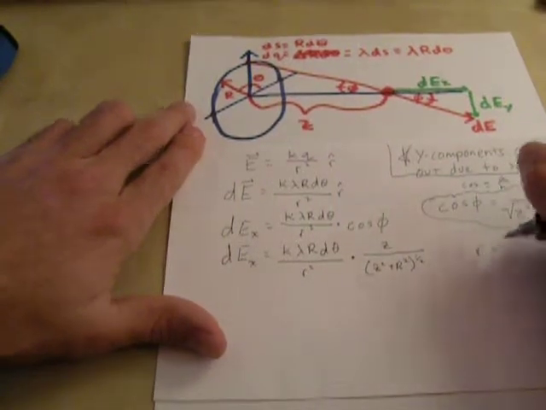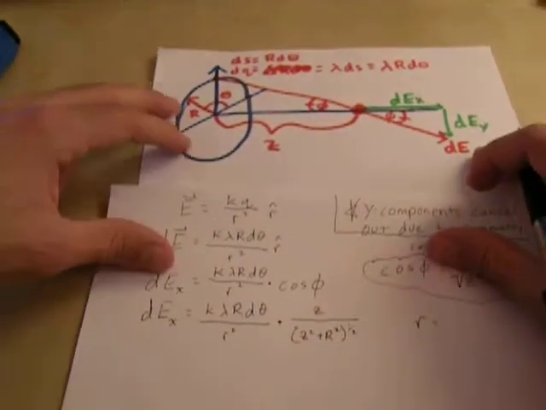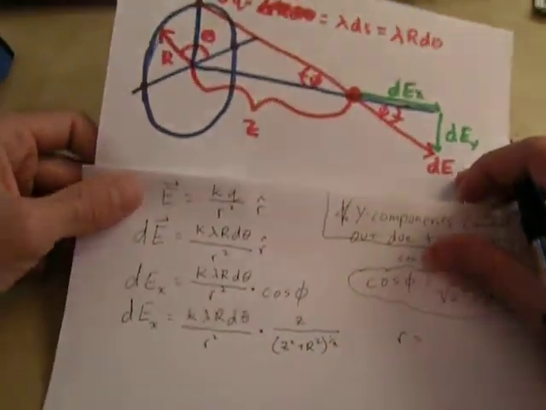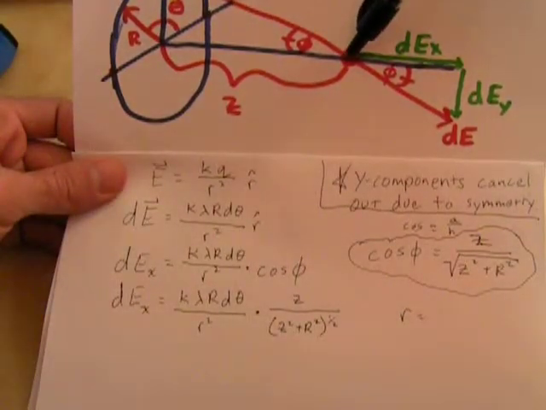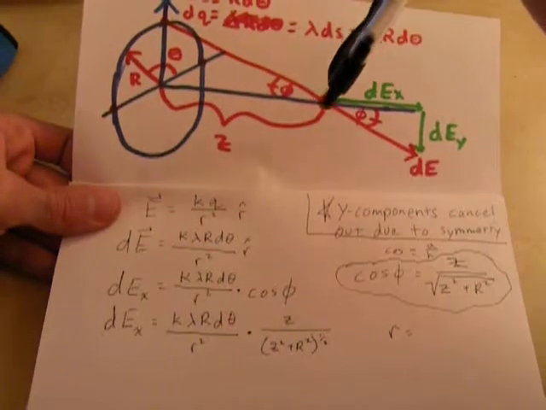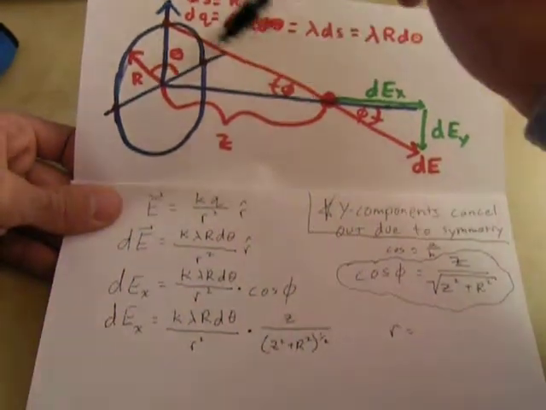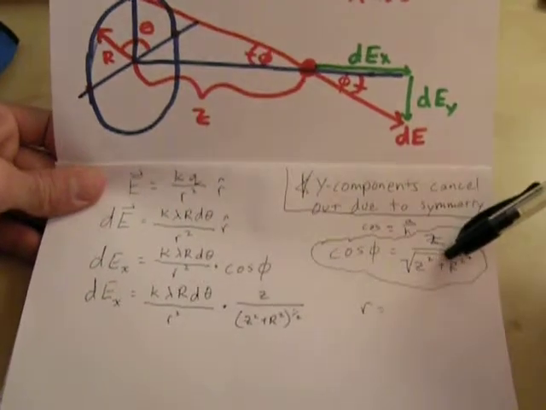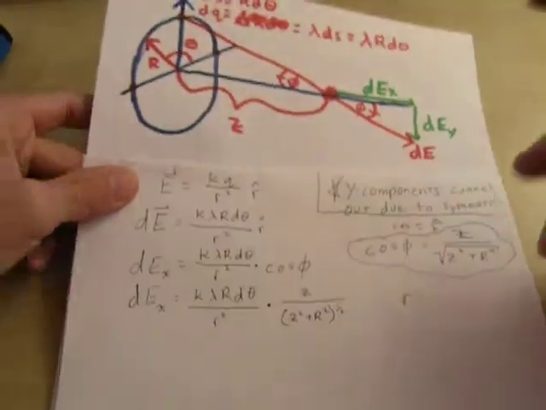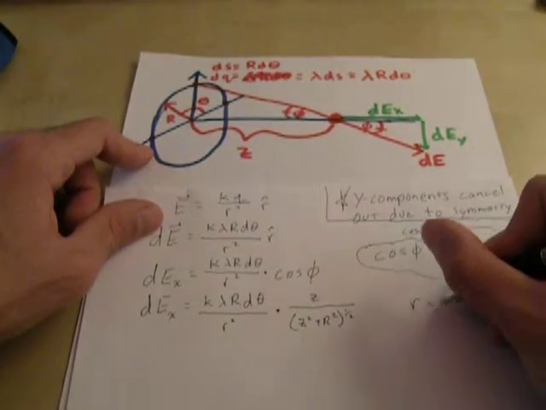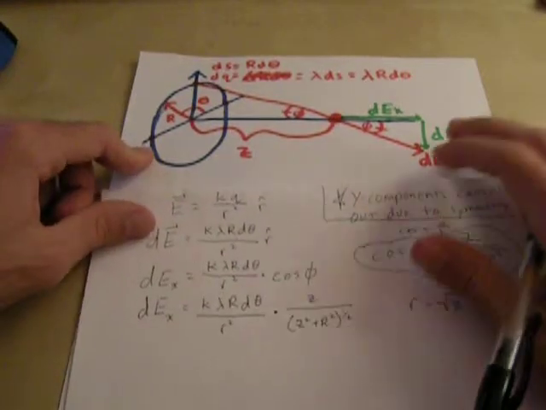R is your distance from the charge to the point of observation. So that would be this length here. And we already have that length right here. We already did the square root of the sum of the squares. So r is equal to the square root of z squared plus r squared.